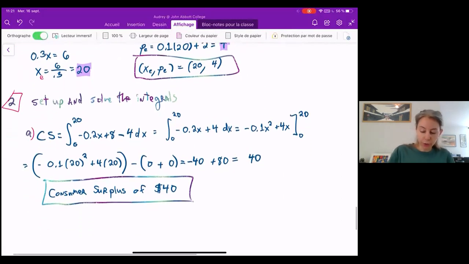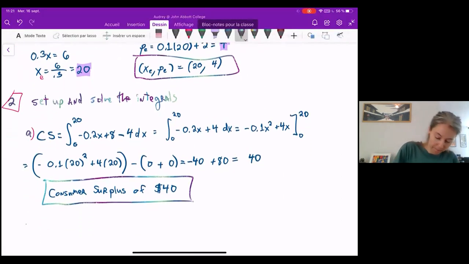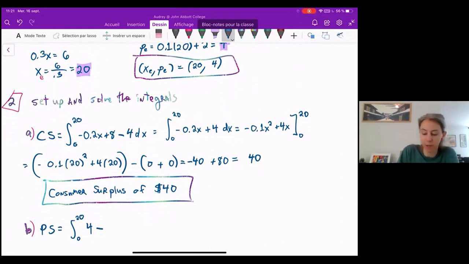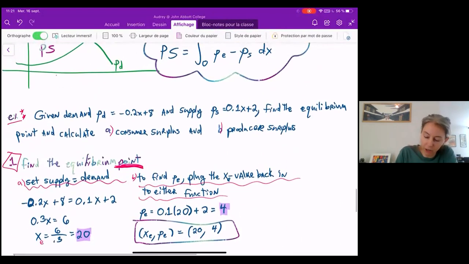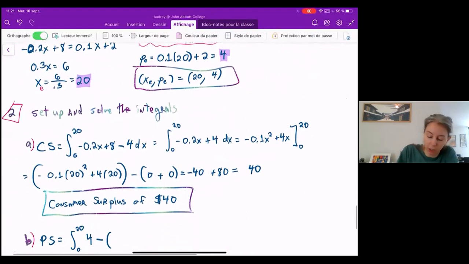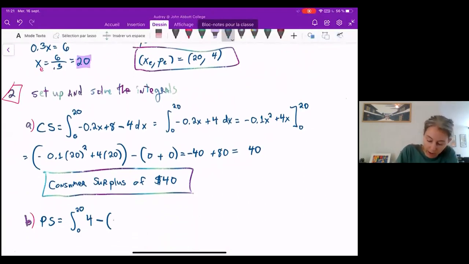Now, my producer surplus, we know that the bounds of integration are the same. So we're going from 0 to the equilibrium number of units, but now I'm doing the equilibrium price minus the supply function, since producer surplus is associated with supply, and here my supply function was 0.1x plus 2.